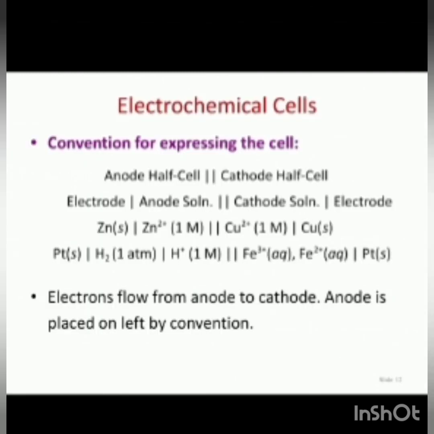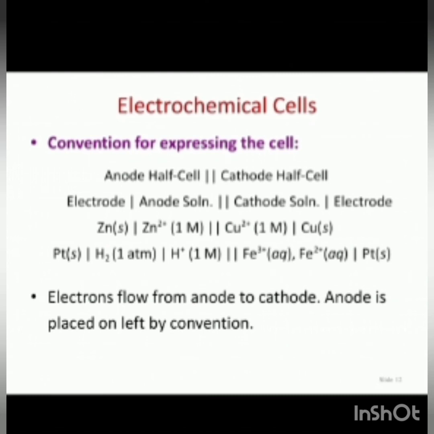Convention for expressing the cell. It is very important. Anode half cell and cathode half cell. As we know, the complete cell reaction can be divided into two half cell reactions: the anodic reaction and the cathodic reaction.